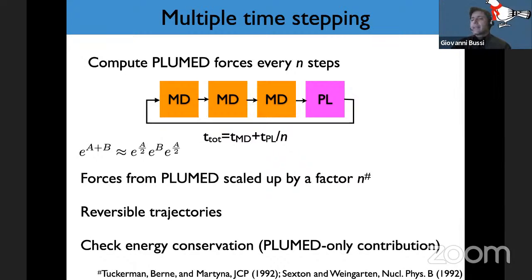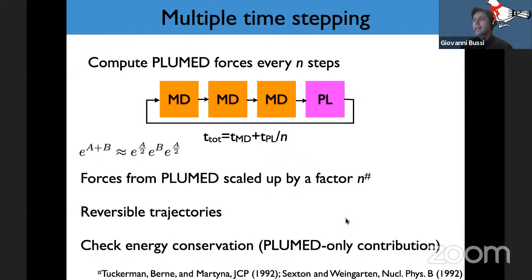There's another trick that you can use to improve the performance of your calculation, that is multiple time stepping. It's very simple to use, and it's kind of general, so I want to give you an idea of how it works. First of all, this is based on a formalism that was introduced in the 90s by Mark Tuckerman and by Sexton independently.